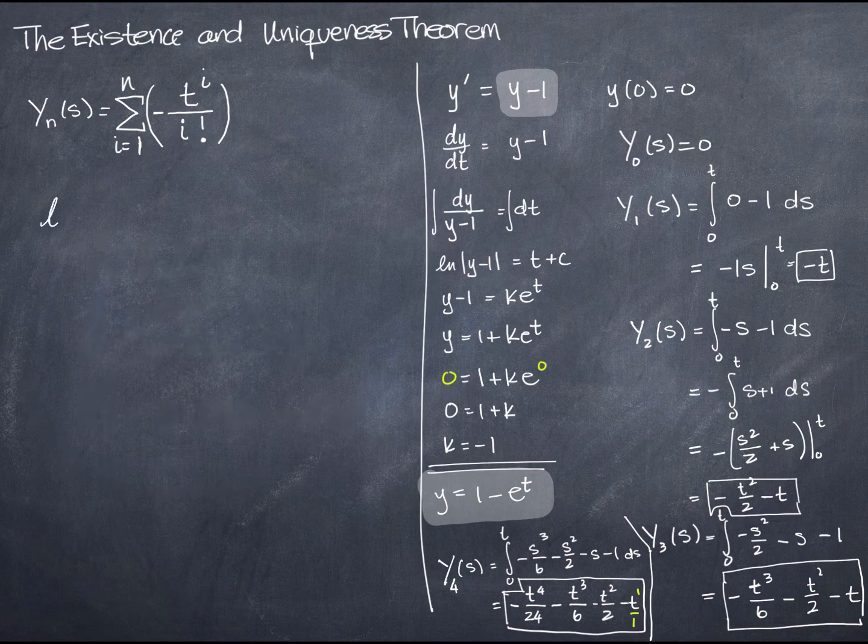Okay, so what is the limit of y sub n of s? It's the limit of this summation that we've identified, negative t to the power of i over i factorial. And we want to take the limit of this thing.